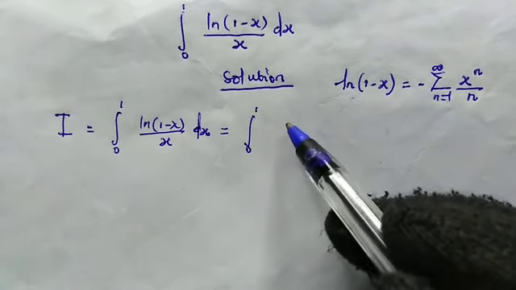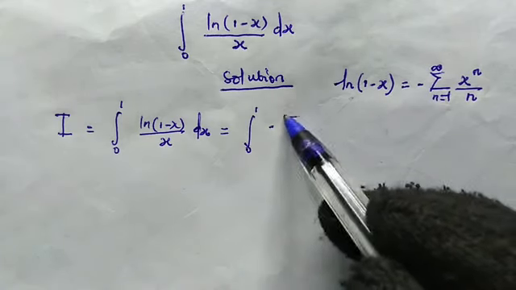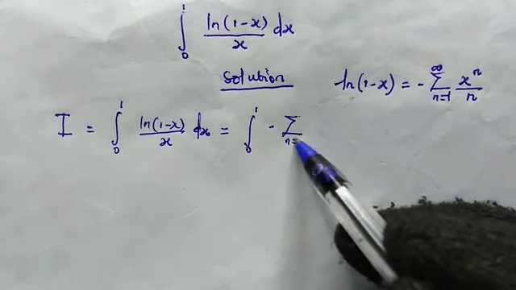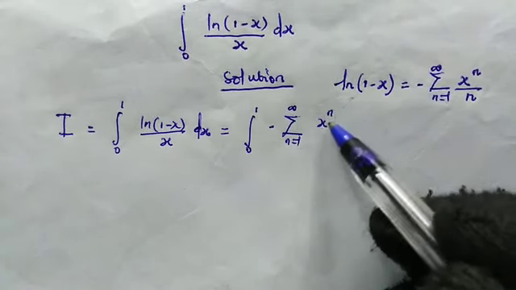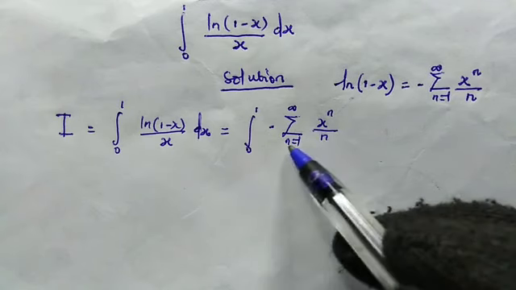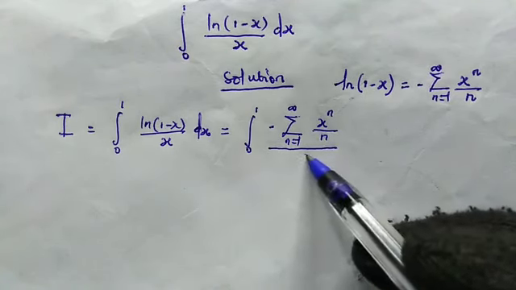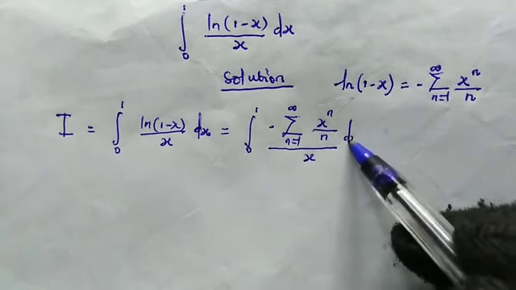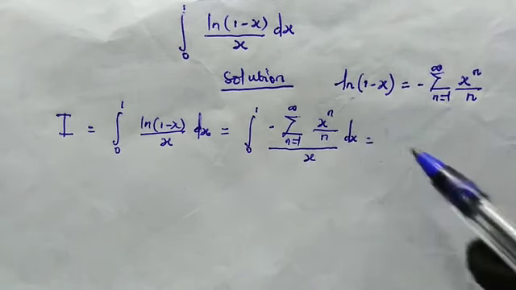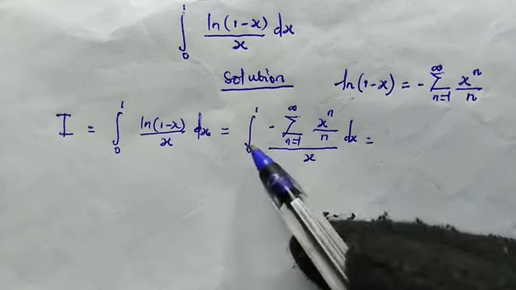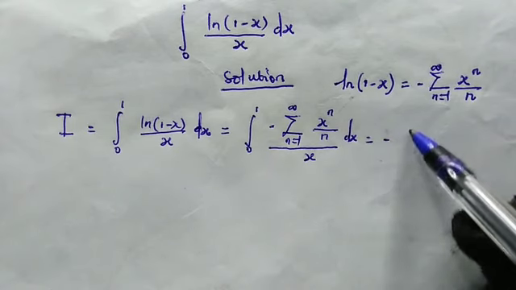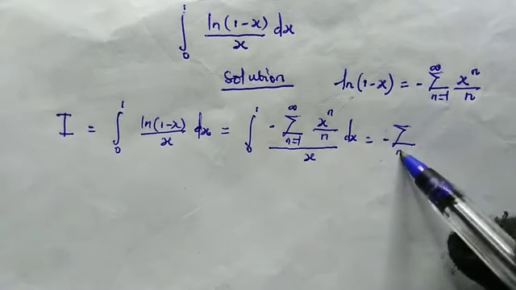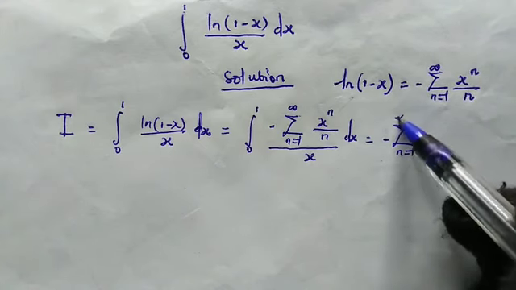So from here we have the negative sum as n goes from 1 to infinity x to the power of n all over n, the whole of this over x dx, and we can pull this sum outside of this integral, right? So we have the negative sum as n goes from 1 to infinity.